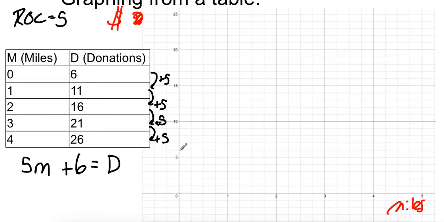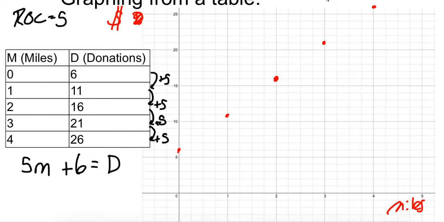So after 0 miles, we've still raised $6. After 1 mile, we've raised $11. 2 miles, I'm going to go up to $16. 3 miles, that's $21. 4 miles, that's $26, which is way up here.